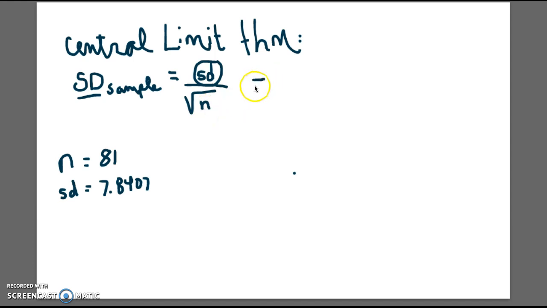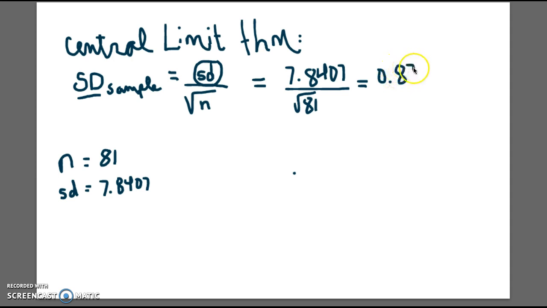So in our case, to find the new standard deviation for our sample, we'll take the 7.8407 and divide that by the square root of 81, which is 9. Let me just do that quickly. I have 0.8712.